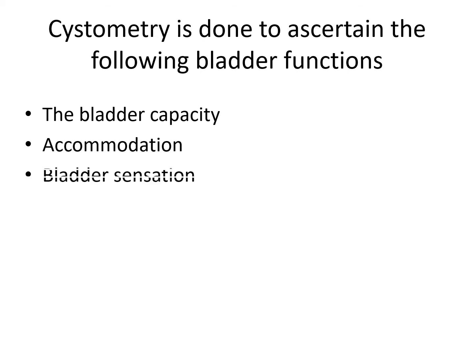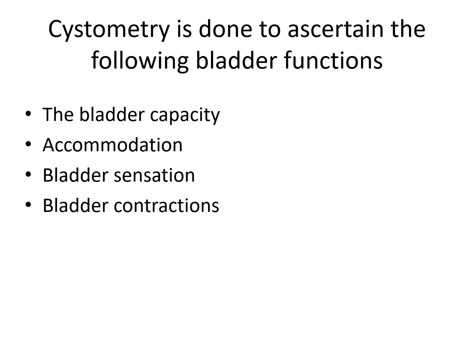Next is the bladder sensation. So this enables the perception of bladder fullness. The first sensation comes at a volume of nearly 150 ml, whereas the definite sense of fullness comes at a volume of nearly 350 to 450, or roughly 400 ml of accumulation of urine.